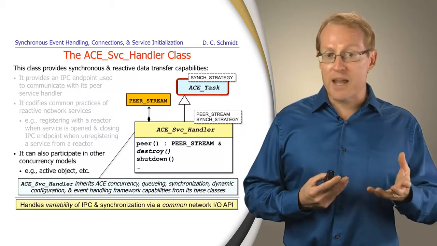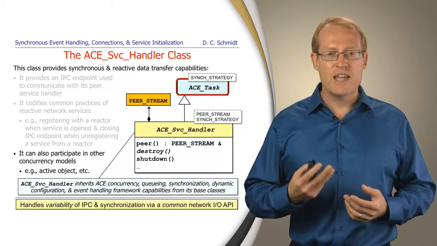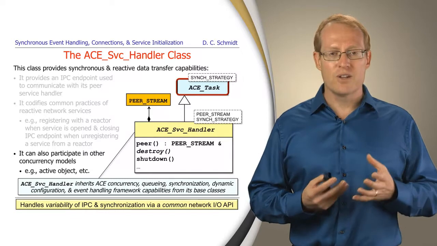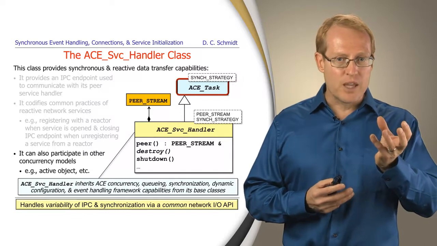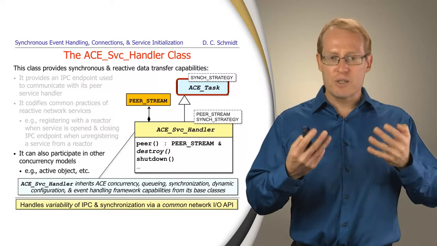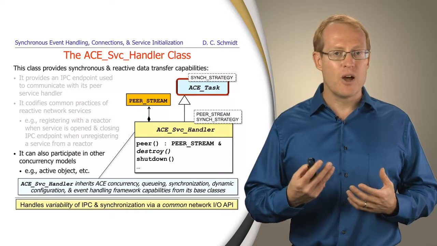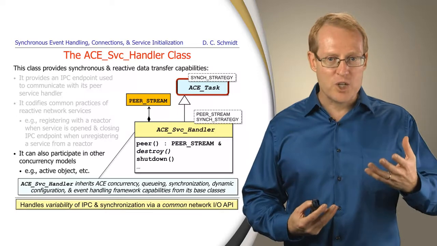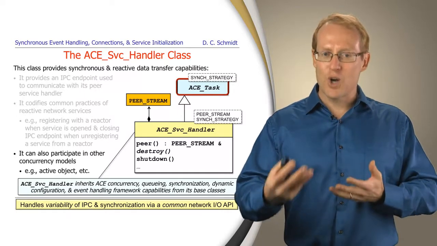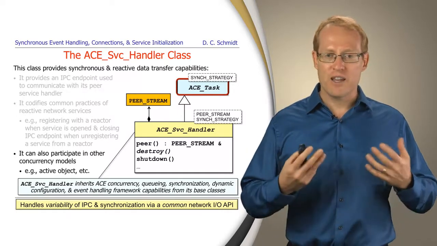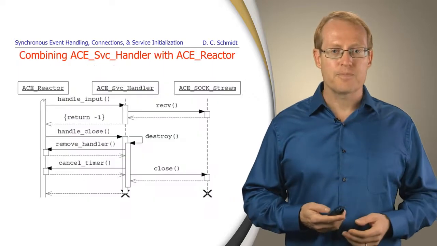From a commonality and variability perspective, the ACE Service Handler handles the variability of the inter-process communication mechanism and the synchronization mechanism via a common API. You can customize this by instantiating templates or subclassing and overriding certain hook methods in a very convenient and consistent way.